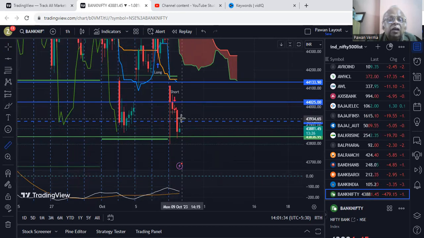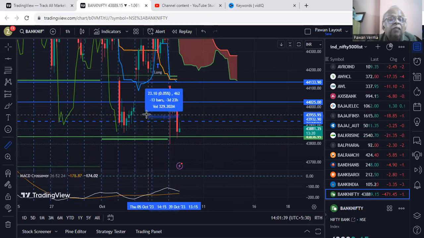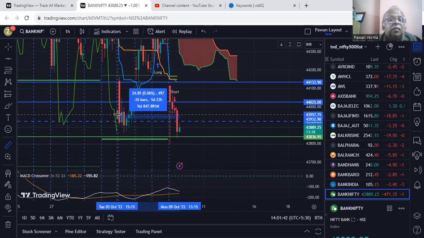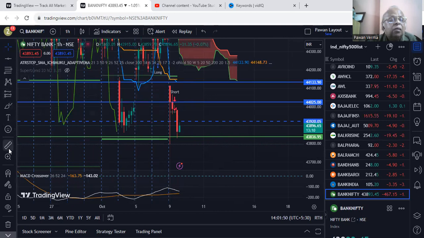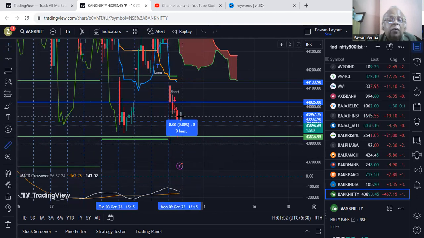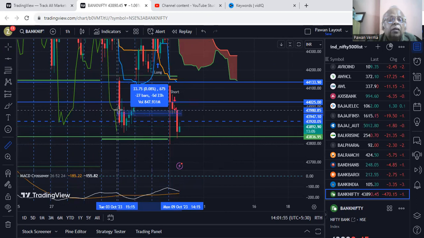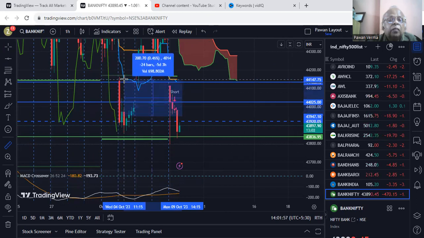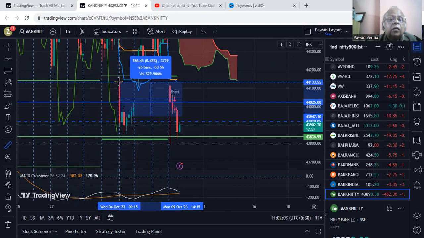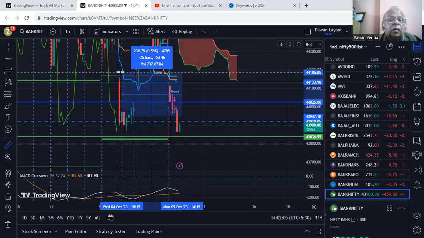Let's see. If this is the candle and we are looking 26 periods back, what will be the position? The Chikou span position will be here.